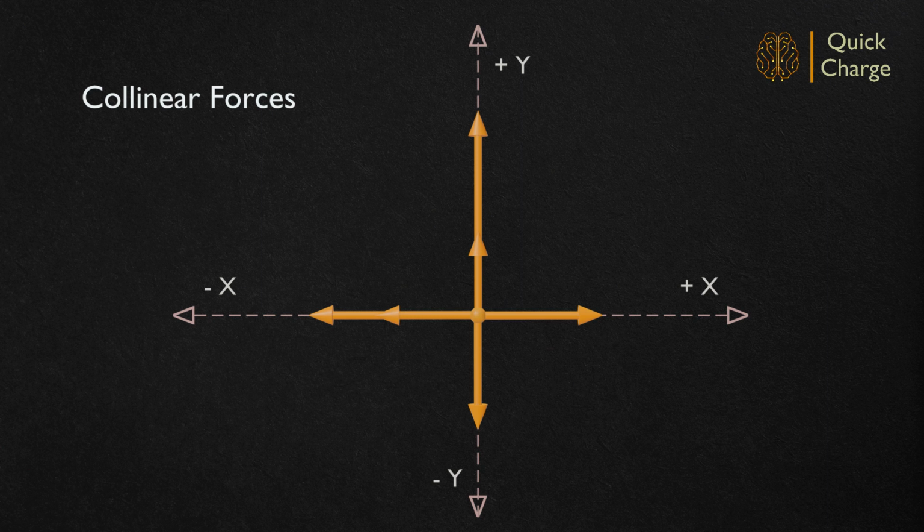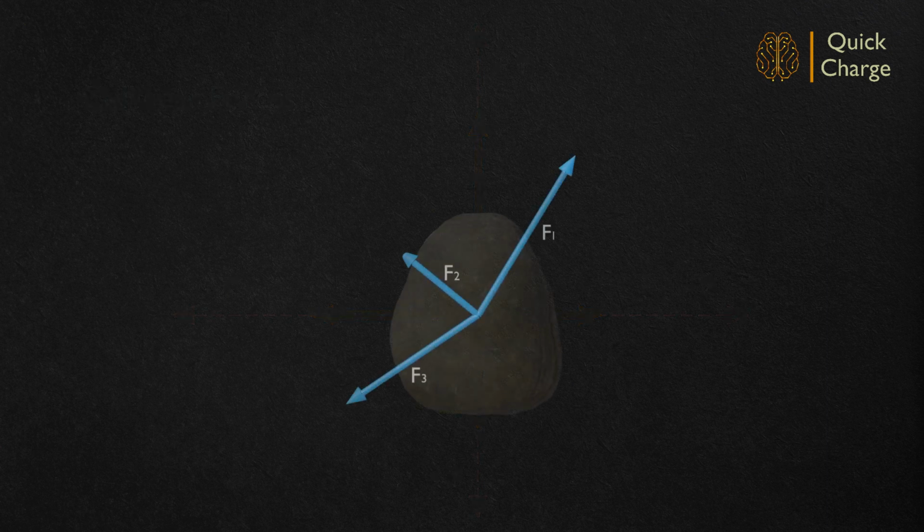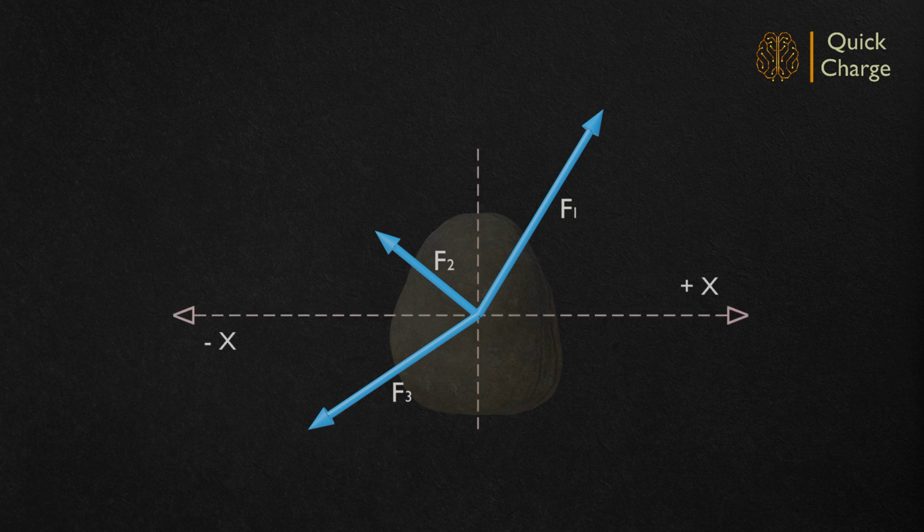We will go through a sample problem to have a better understanding of generalized method of composition of forces. Consider a rigid body acted upon by a set of coplanar concurrent forces. Let us construct x and y axes along the horizontal and vertical directions, considering the common point as the origin.